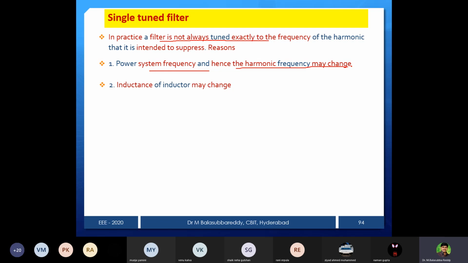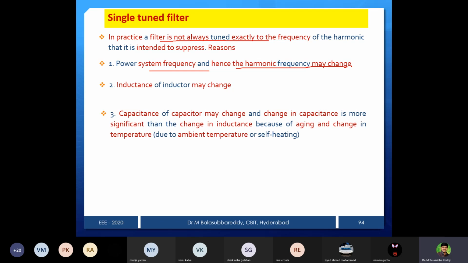But once we come to the filter side, we use an inductor of some value, whatever you placed in the RLC series combination, the single tuned filter. That inductance may change, so in that case also it may not be tuned. Another is that the capacitance of a capacitor may change, and change in the capacitance is more significant than change in the inductor.